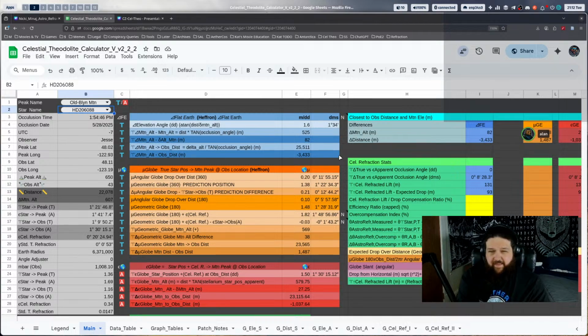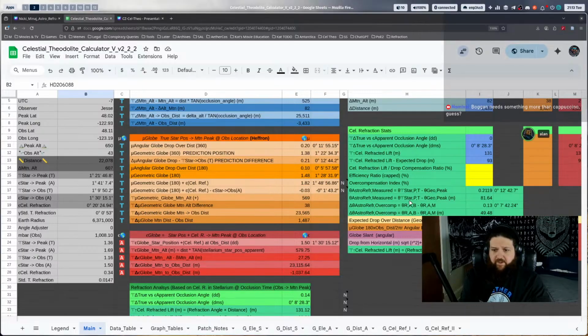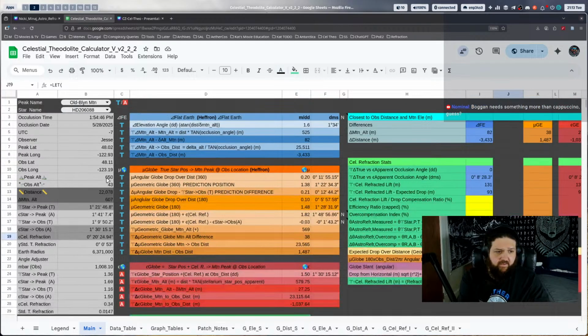And that the methodology of analyzing the occlusion angle with respect to the peak, the thing that did the actual occlusion, is completely valid. Because otherwise we wouldn't know that the star's true position was only 7 arc minutes different than the peak, not 19 arc minutes.